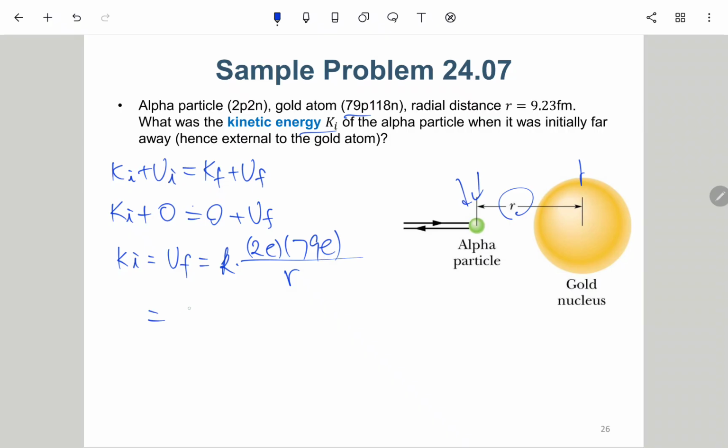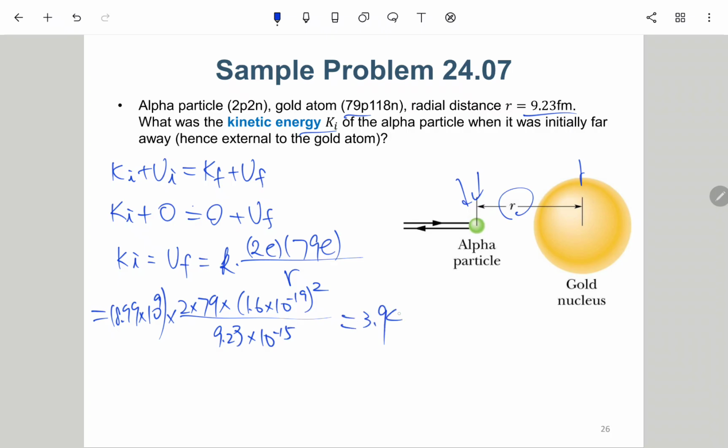Okay, so which is 2 times 79 times 1.6 times 10 to minus 19 whole square, and then over, okay, I forgot this k is 8.99 times 10 to the 9th power, so over r, 9.23 femtometer. 9.23 femto is 10 to minus 15. Okay, so this is 3.94 times 10 to negative 12 joule.